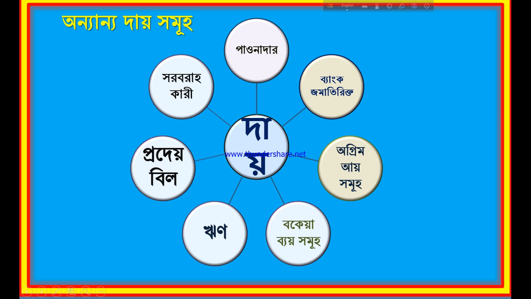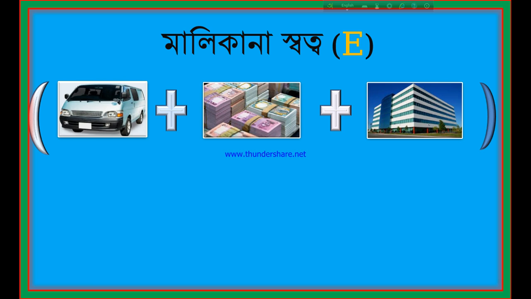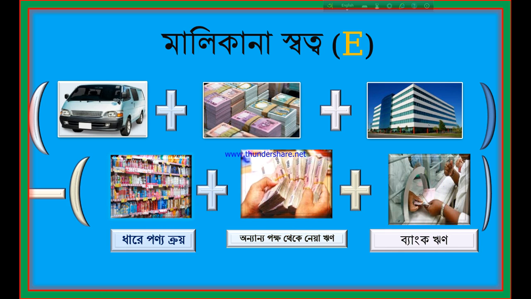So dear learners, now it is time to clarify the equity. I have also said these are the examples of assets: car, cash, buildings. Within the bracket, these are the assets. Now, from the assets, we have to deduct the liabilities.